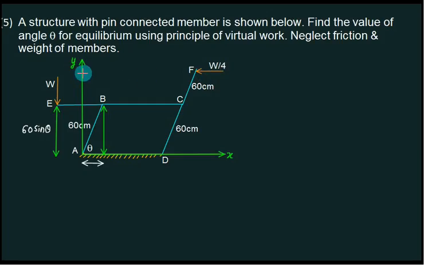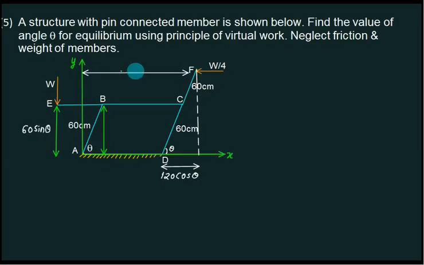The force for this one is a horizontal force. So do you require the horizontal distance? If you project here, does it consist of AD plus this distance? And what is this distance? This angle is theta, so this angle is also equal to what? Theta. So this one is 120 cos theta.